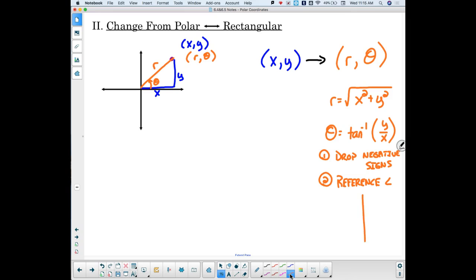So when we're dealing with a reference angle in quadrant number 1, my reference angle is what? Is my angle. So theta equals theta prime. In quadrant 2, theta is equal to what?